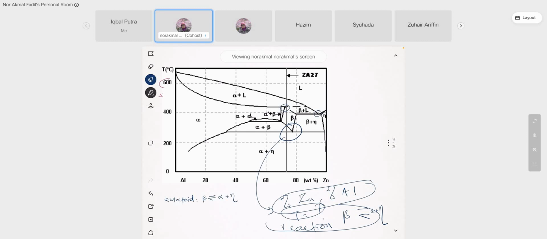It is about 77% zinc, and temperature is equal to 260 degrees Celsius. This is how they write. Above is composition, below is temperature, and the reaction. They give the name, the composition, the reaction, as well as the temperature. This is the complete set explanation on the isothermal reaction. Can?